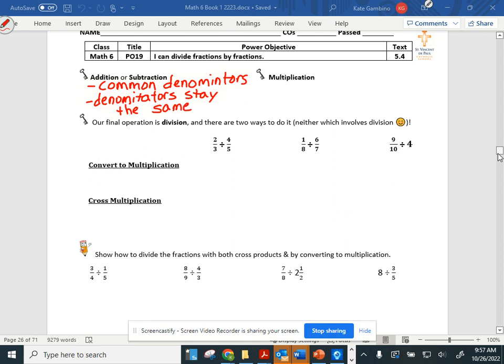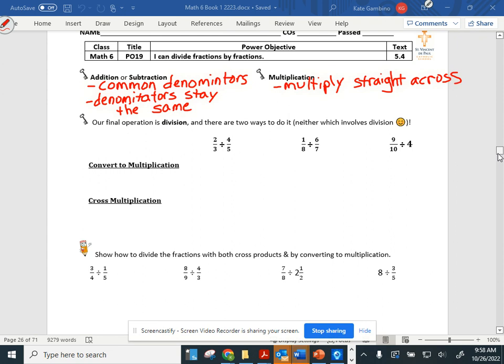Adding and subtracting, you're doing basically the same thing, just a different operation. Multiplication, you can multiply straight across. So you multiply your numerators, multiply your denominators.